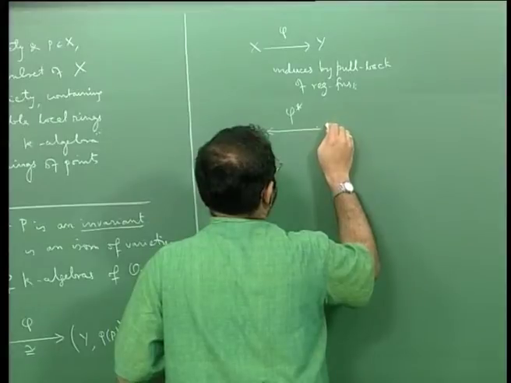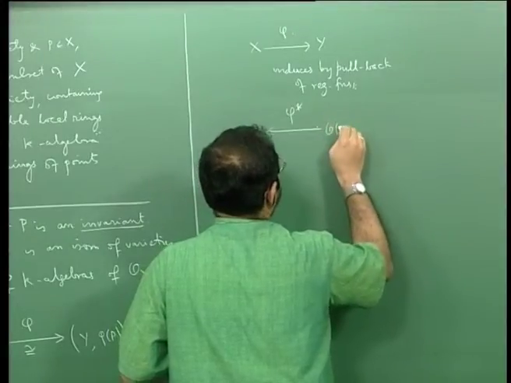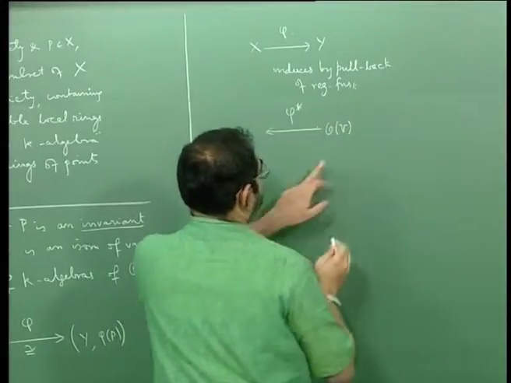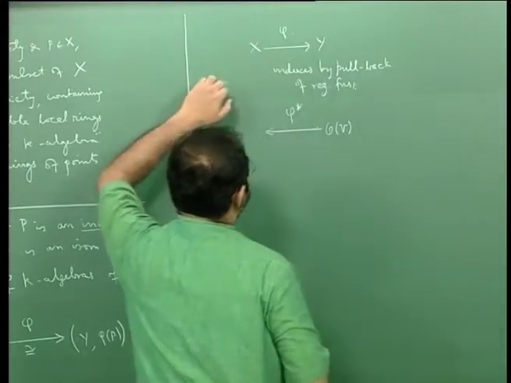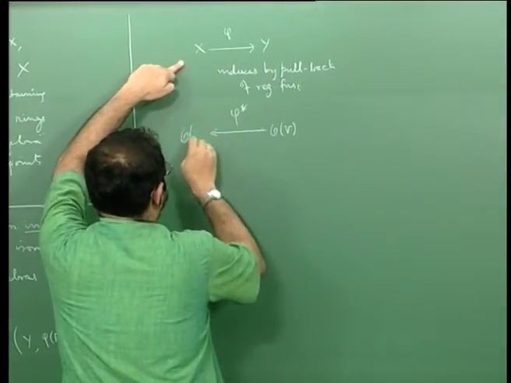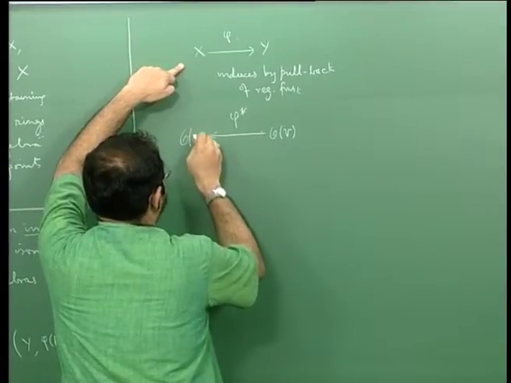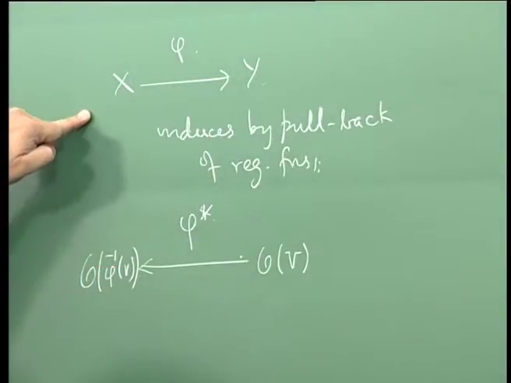You give me a regular function on an open subset V of y, then I'm going to get a regular function on the open subset phi inverse of V of x.